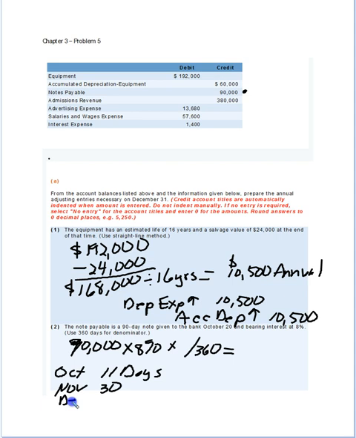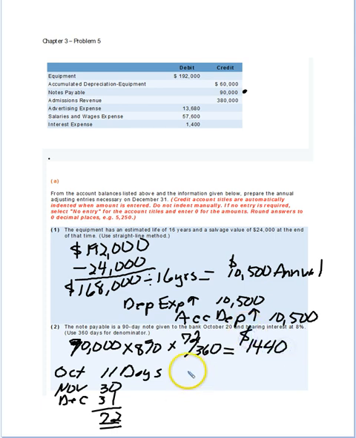And then in December, there are 31 days. So add those up and we get a total of 72 days. Okay, so let's go back up here to our formula, plug in our 72 days out of 360. So $90,000 at 8% over 72 out of 360 would be our interest cost of $1,440.